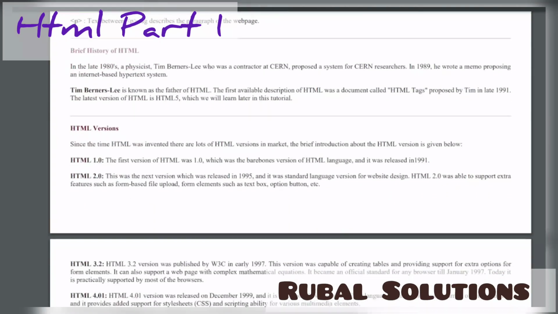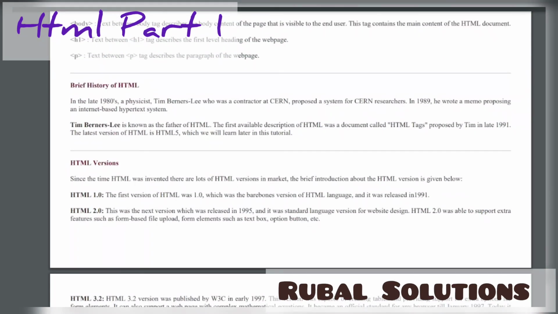Now the brief history of HTML. In late 1980, physicist Tim Berners-Lee, who was a contractor at CERN, proposed a system for CERN researchers. In 1989, he wrote a memo proposing an internet-based hypertext system.